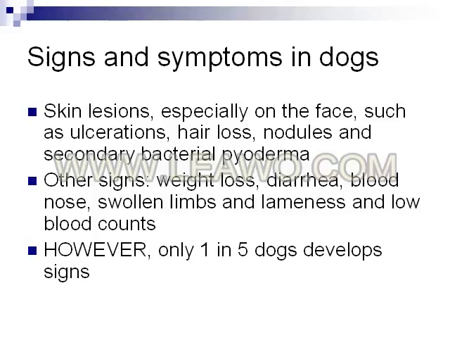These are very common to see, and other signs are kind of similar to human signs and symptoms: weight loss, diarrhea, bloody nose, swollen limbs and lameness, and also low blood counts, white blood cells, platelets, red blood cells. But the only problem is only 1 in 5 dogs develop the signs mentioned here, and 4 out of 5, 80% of dogs, are actually asymptomatic. So it's really hard to pick up the disease in the canine population.